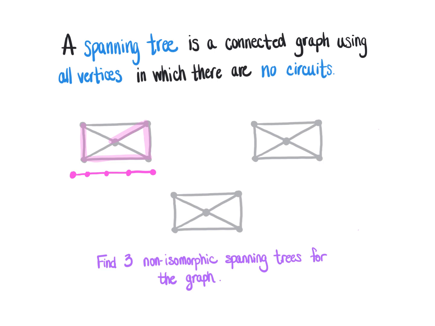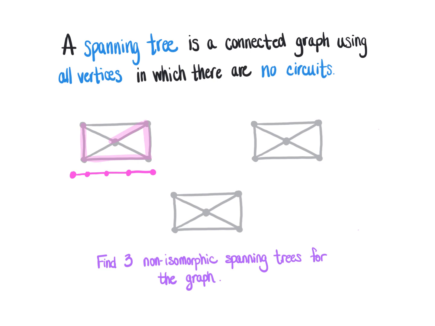So if you can imagine taking this part and unfolding it and laying this side down, it turns out to be just one long line. So as we look for other spanning trees, we want to make sure that structurally they are different from this one, because again, we're looking for non-isomorphic spanning trees.